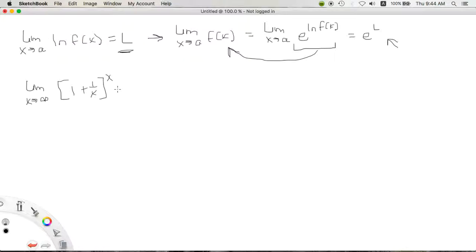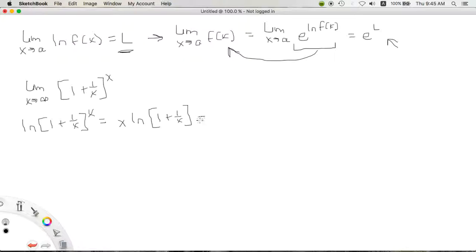So what we need to do is look at the natural log of this function. If we take the natural log of this function, we know with our log rules we can pull the x out front. And this still actually doesn't help us, because it gives us an infinity times 0, which isn't going to help when we take the limit.